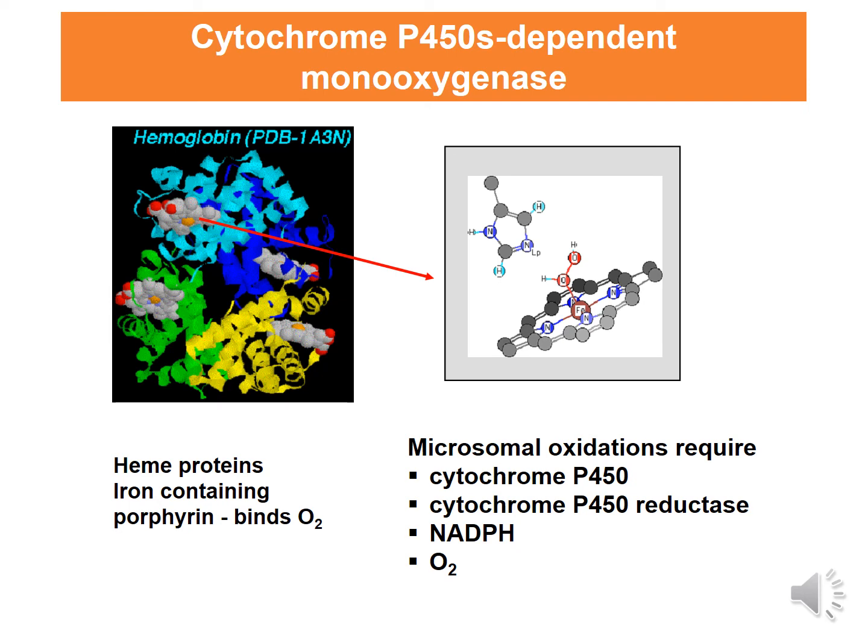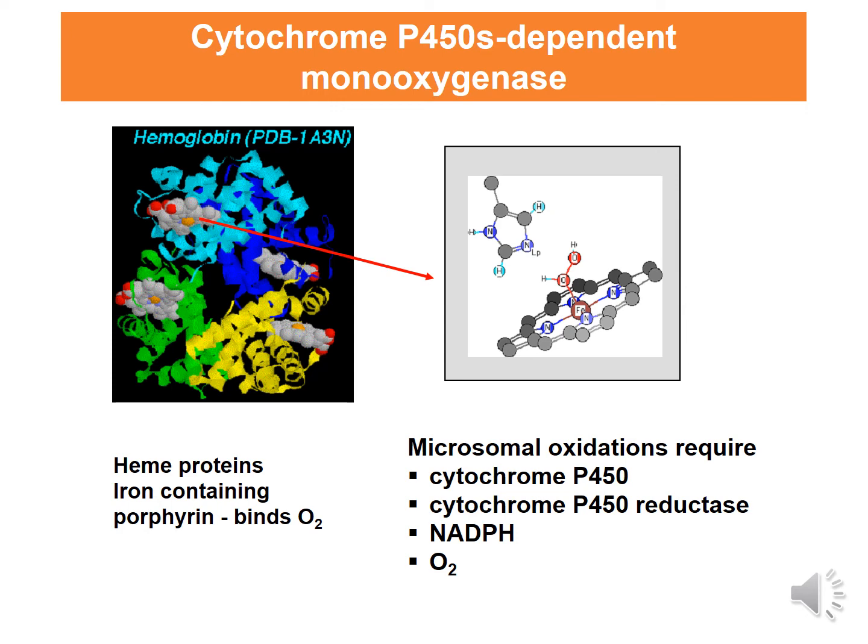You can see the structure of this cytochrome P450 dependent monooxygenase. It is a heme protein, containing iron and porphyrin ring that binds the oxygen. Enzymes are membrane bound, which can explain why lipophilic drugs are processed. So heme will bind oxygen. Approximately 50% of the drugs that humans ingest are metabolized by isoforms of cytochrome P450.